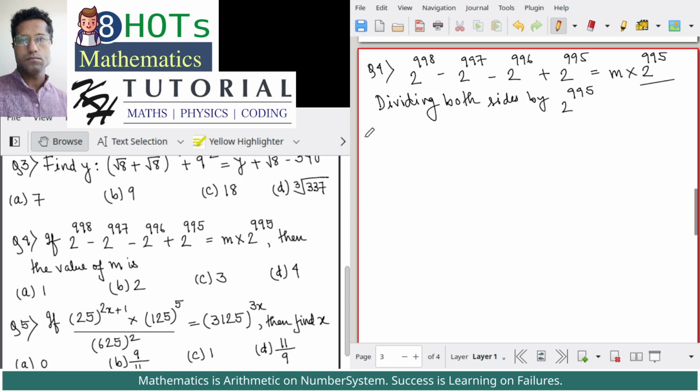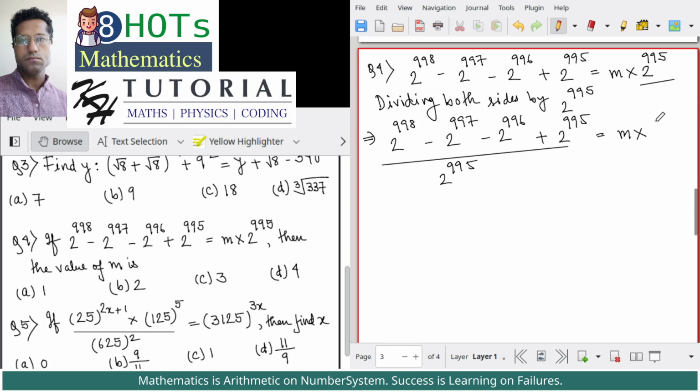Okay, so we have 2 to the power 998 minus 2 to the power 997 minus 2 to the power 996 plus 2 to the power 995, this whole divided by 2 to the power 995, is equal to m multiplied by 2 to the power 995 divided by 2 to the power 995.